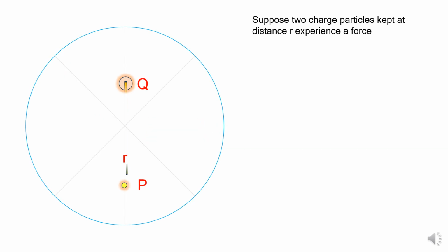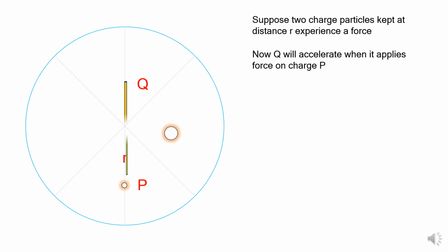If you see, Q applies force on P kept at distance r. Now, once the distance r is defined, P also applies force on Q, and Q will accelerate. I will say the force on Q, the Q will accelerate.